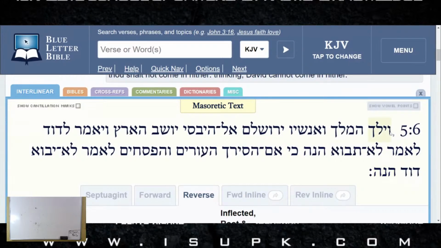And once again, and he went, the king, and his men, Jerusalem, to the Jebusites, dwelling the land, and he said to David, saying, or to say, not come in here, because if you turn aside the blind and pass over, saying, not he will come in here, not he will come in David here.